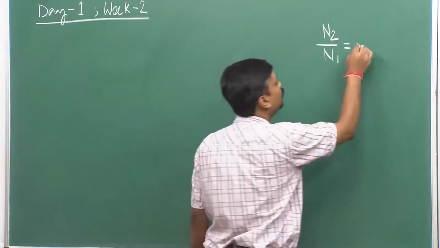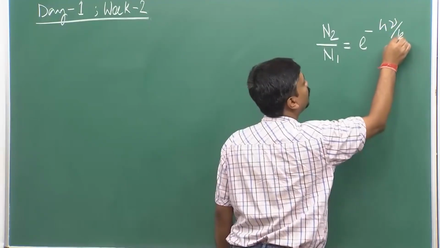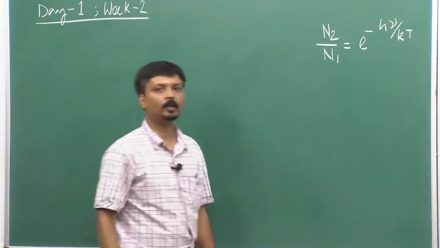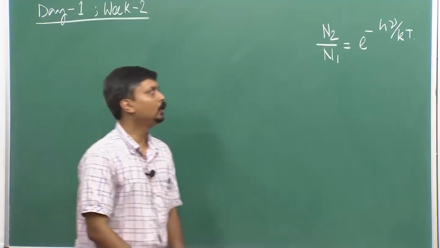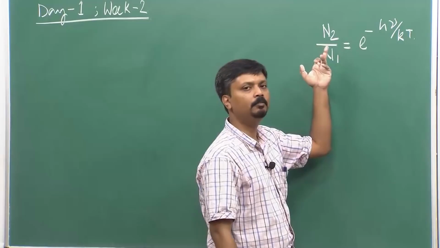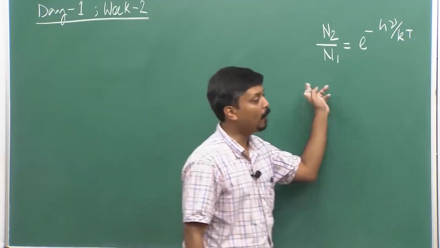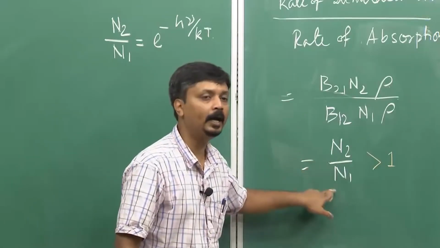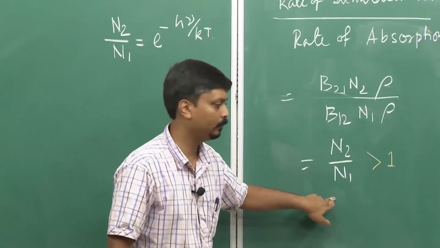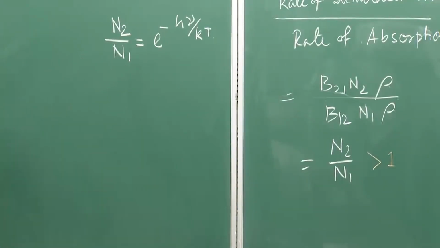This is equal to... right. So, normally what I can see is that N2 is very much less than N1, and I want N2 to be much higher than N1, correct. N2 should be greater than N1 in order to have laser action.